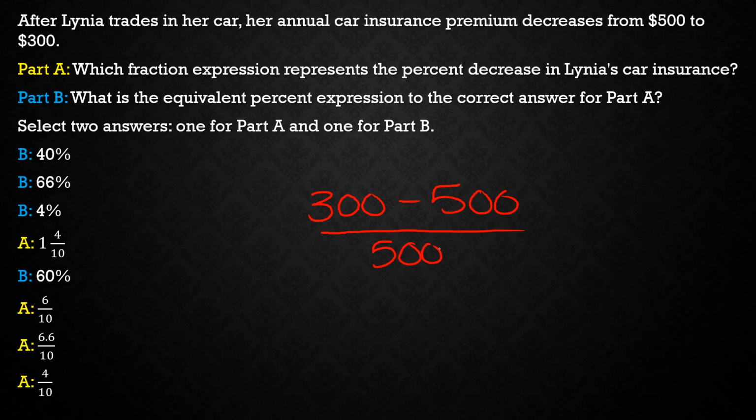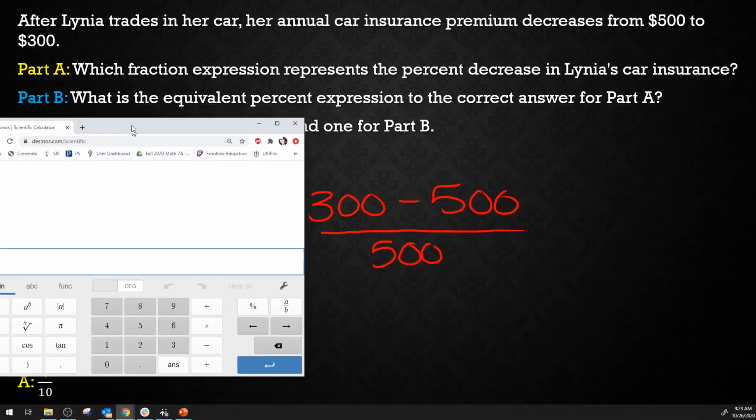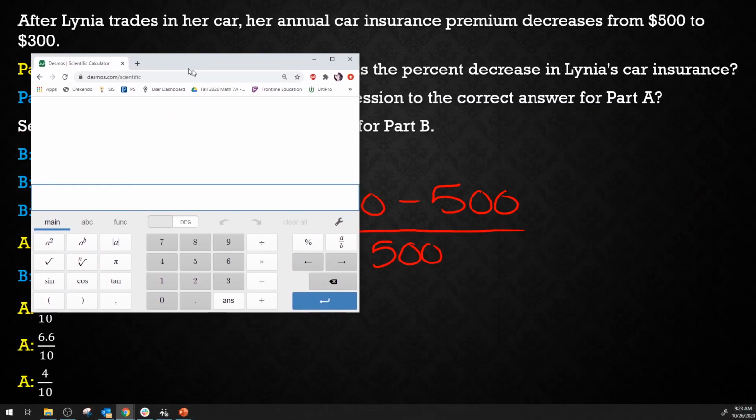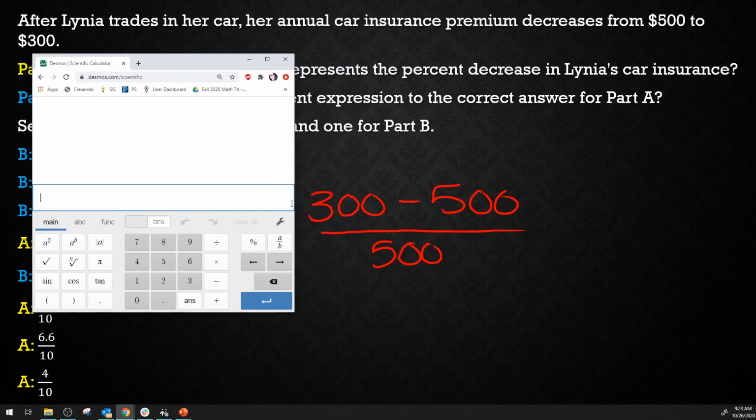Our next step is going to be typing this into a calculator to figure out what our reduced fraction is. So I'm going to bring over Desmos, so I'm going to shrink it a bit. Hit my fraction button, 300 minus 500 all over 500.